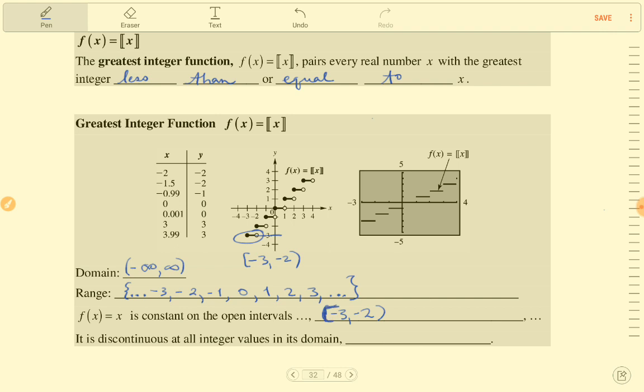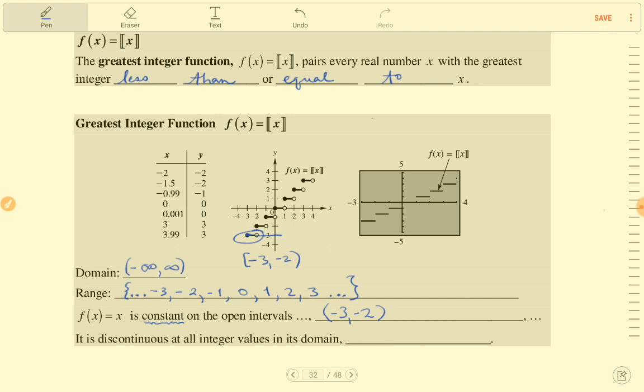this. And the reason that we don't include, even though there's a closed dot here, the reason that we don't use a square bracket to include x equals -3 is because something being constant implies motion. As x is changing, y is staying the same.